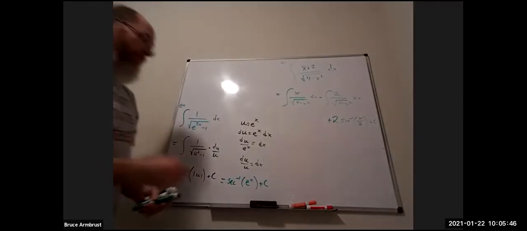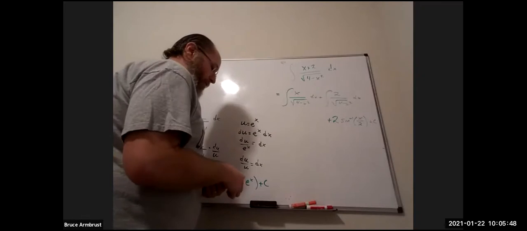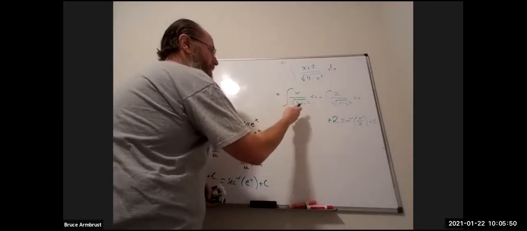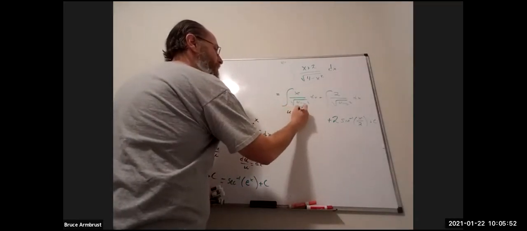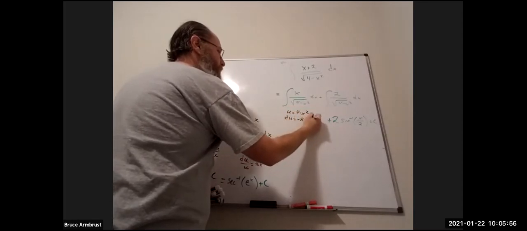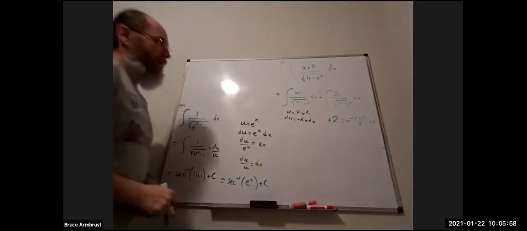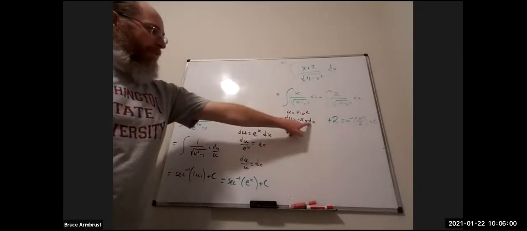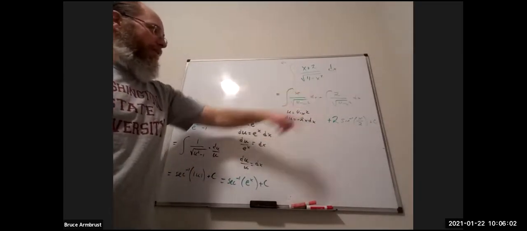Because with this one, if we let u equal 4 minus x squared, then du is minus 2x dx. And notice that the x with the dx is already part of this.